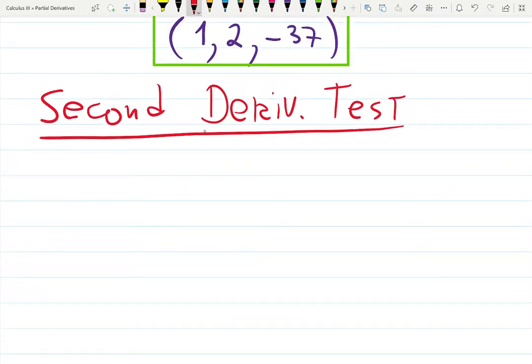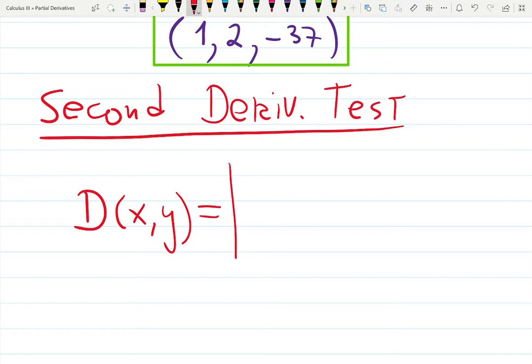So we will have to find all the second derivatives and build again a matrix or determinant D, putting them in order. Second derivative xx, second derivative yy.